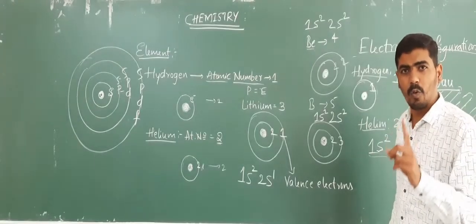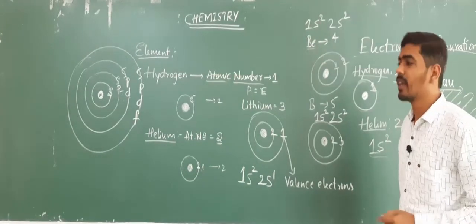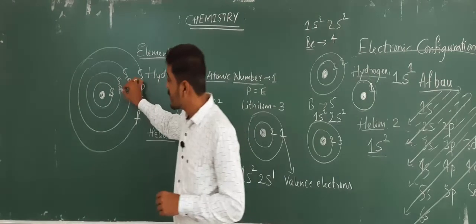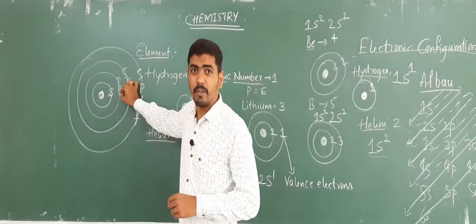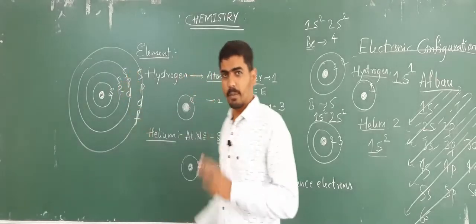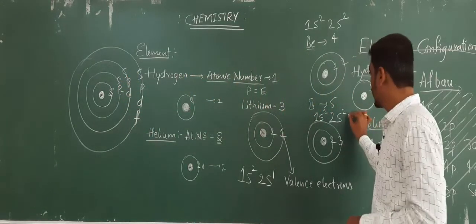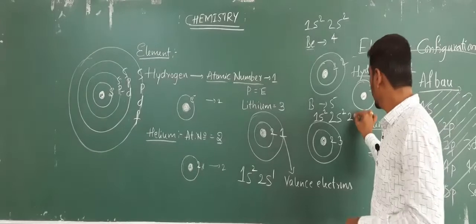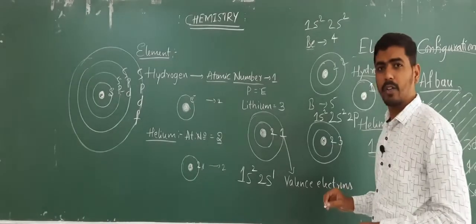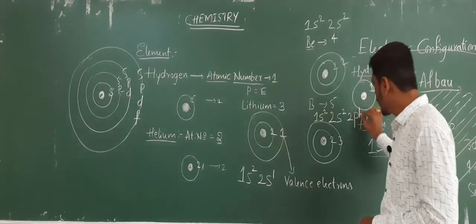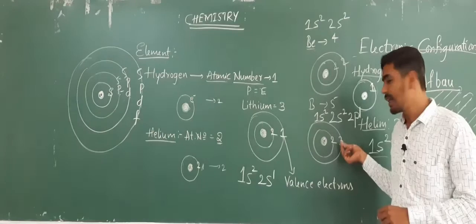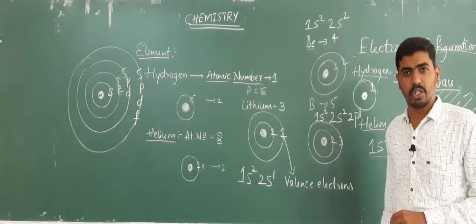Still 1 electron remains, and now it moves to which subshell? P subshell, second shell, P subshell. That you have to write here: 2p. What number of electrons gets filled up? 1, because only one electron has remained and that is filled up in the P subshell.